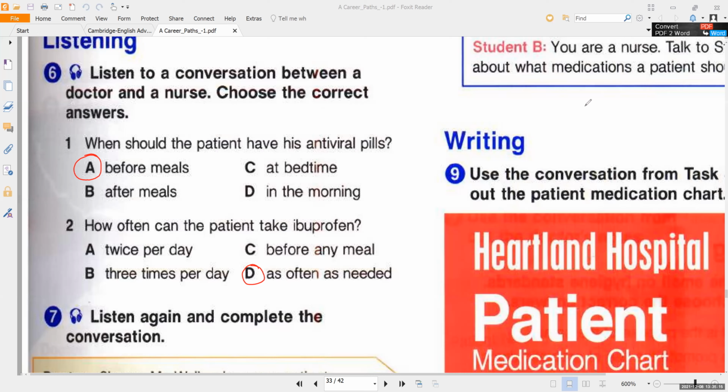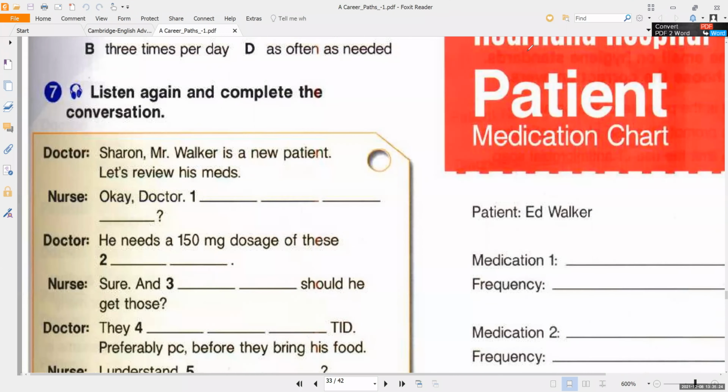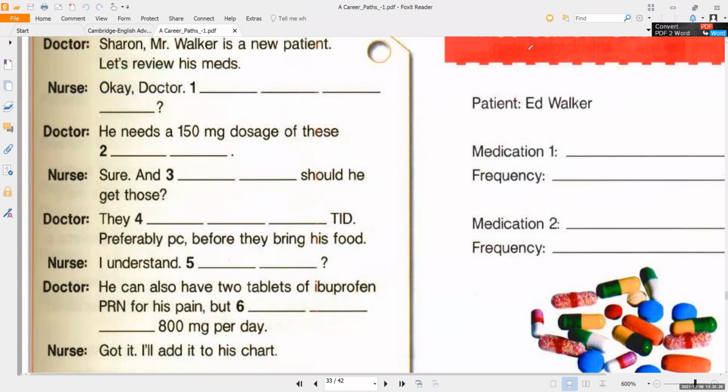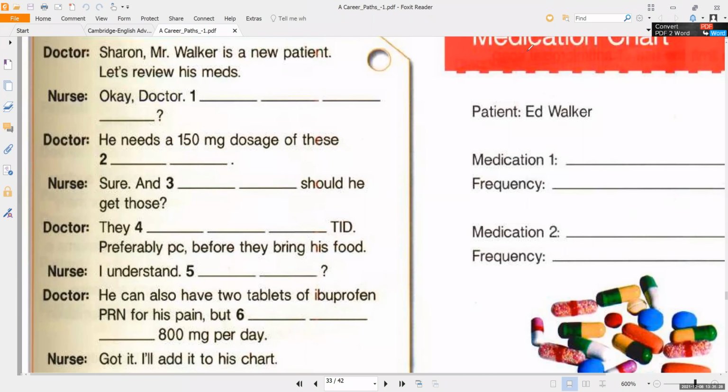Okay, the last part of this lesson is, as usual, we fill the gaps, 6 missing words. Try to write down the missing words.